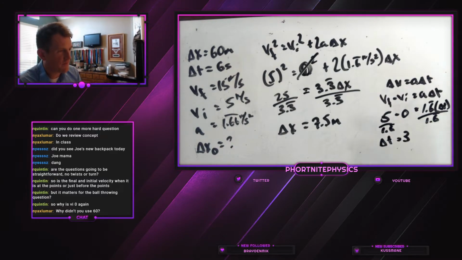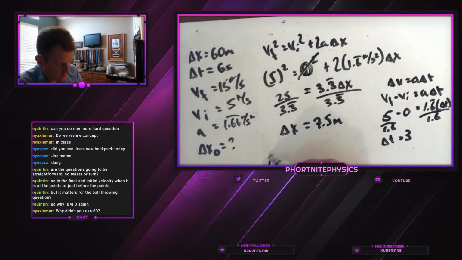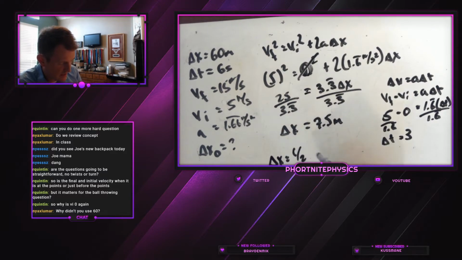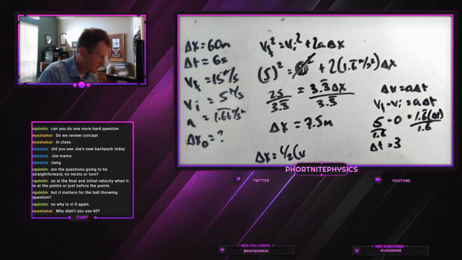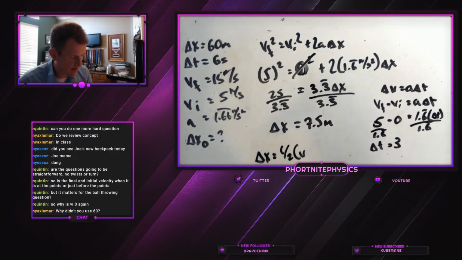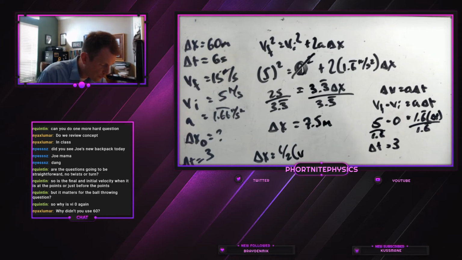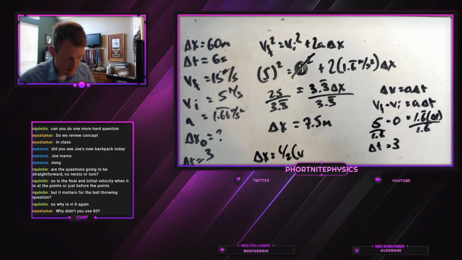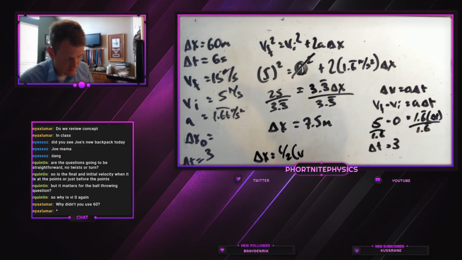So let's see how far it would have gotten in 3 seconds. Delta x equals 1/2. You know what? I'm going to erase some stuff. Let's write that down so I can remember. The value we got to begin with is this 7.5.